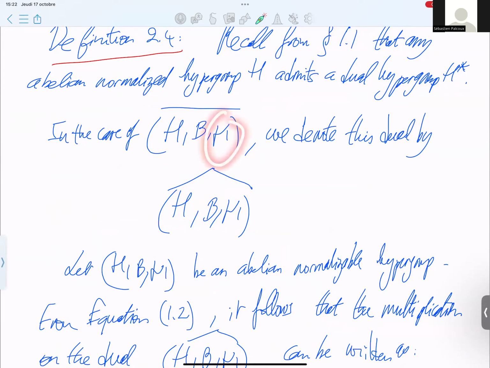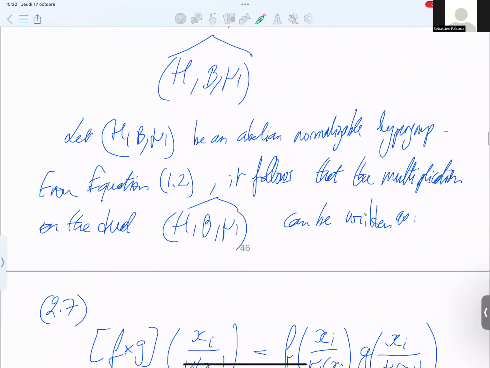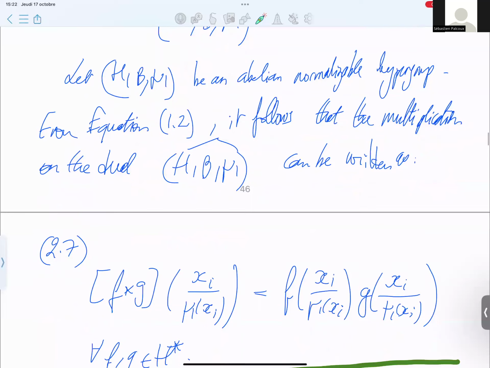Remember that when it is normalizable, it's not normalized, but the fact that it is normalizable is equivalent to the existence of a linear character mu1, with which you can normalize the standard element to get the usual sum to be 1 after normalization. And this normalization is noted with a subscript. So that's okay, abelian normalizable hypergroup.